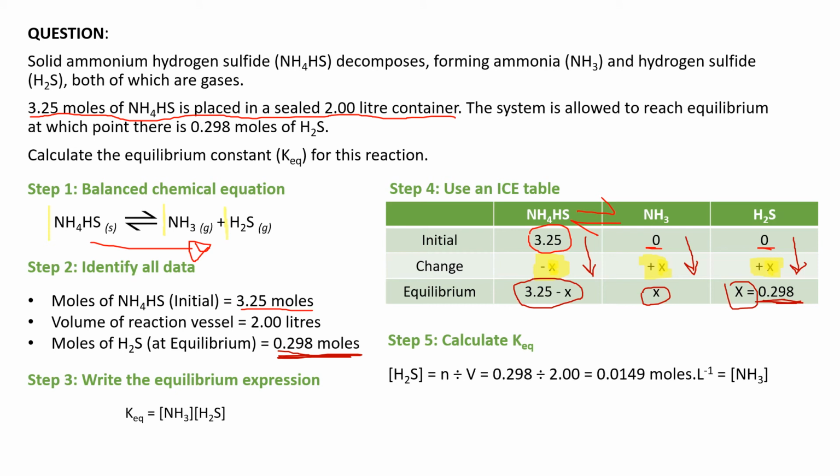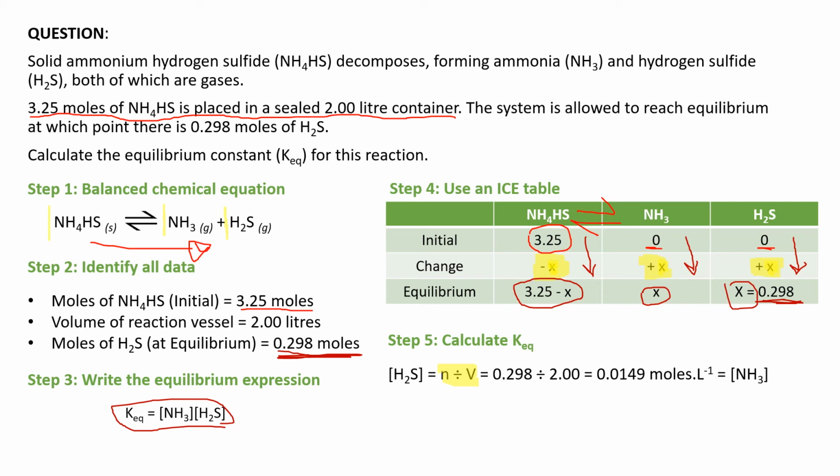So next step, I'm going to need to try and calculate KEQ, but if you come back across to the expression, you can see that KEQ equals the concentration of ammonia times the concentration of hydrogen sulfide. So the square bracket there means concentration of. So I need to convert these moles values that I got in step 4 into concentrations, and I do that by taking moles and dividing by the volume.